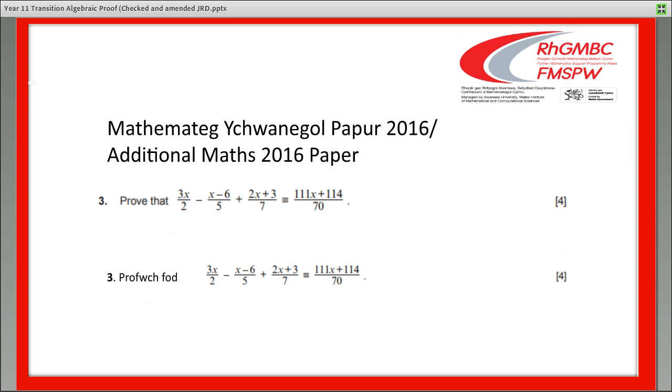If I look at the denominators on the three fractions on the left-hand side of the equivalent sign, that's not an equal sign because it's got three lines, it's an equivalent sign. I've got a 2, a 5 and a 7. If I look at the denominator of the fraction on the right-hand side, I've got 70. And strangely enough, 2 times 5 times 7 gives 70. So that's how I find my common denominator.